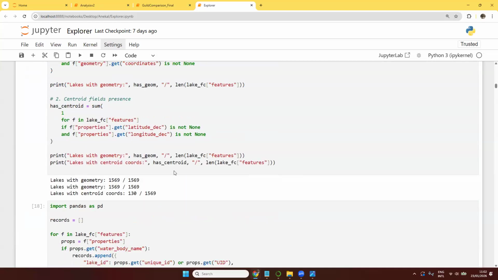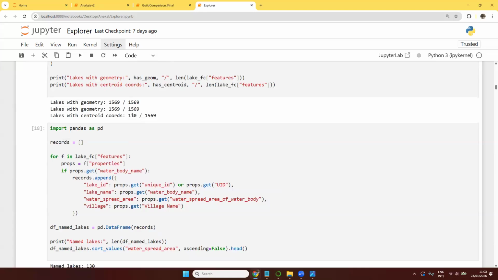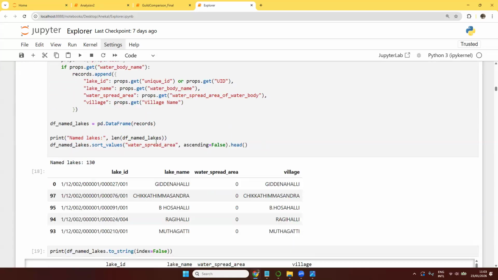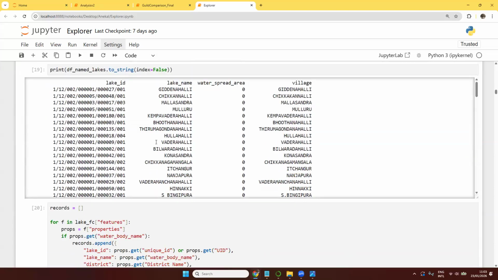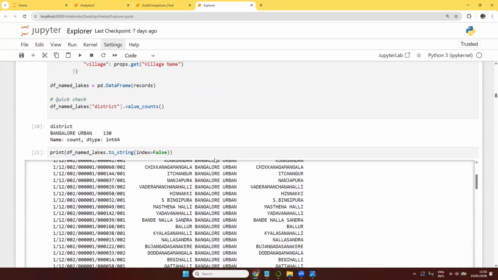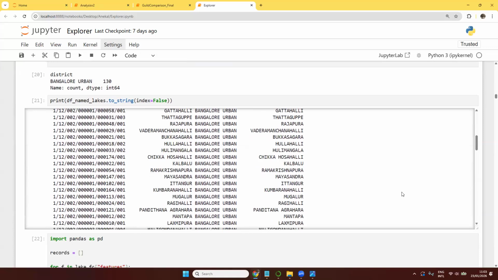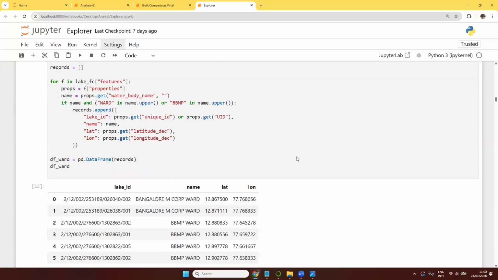Then I identified the lakes which are located within Anekal. It seems like there are a few lakes which exist in the data set, but which are not in the exact Anekal boundaries.